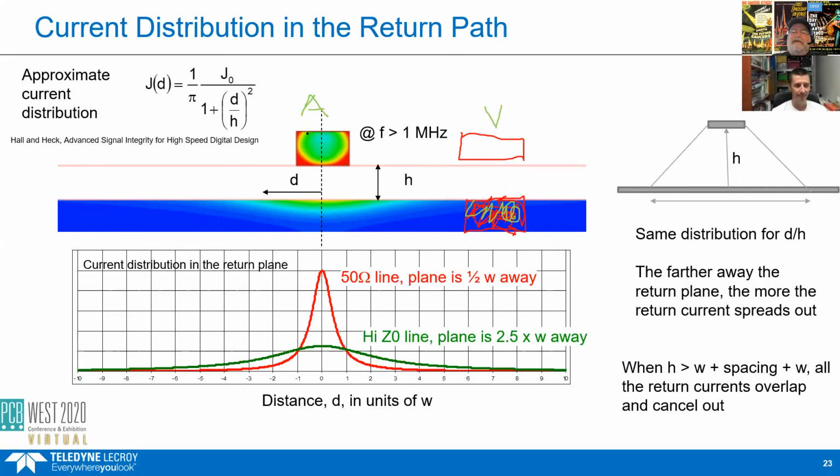And now if I have not this guy, but I have another one over here, and another one over here, and another one over here, and they're all sharing the same path over here as their return path. I have not one DI/dt, but 2 DI/dts, 3 DI/dts, 4 DI/dts. If they all switch simultaneously, I'm going to have 4 times the voltage noise in this common return path, and this poor victim line is going to see it all, and it gets worse and worse.